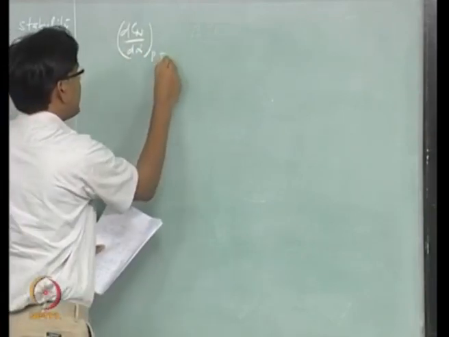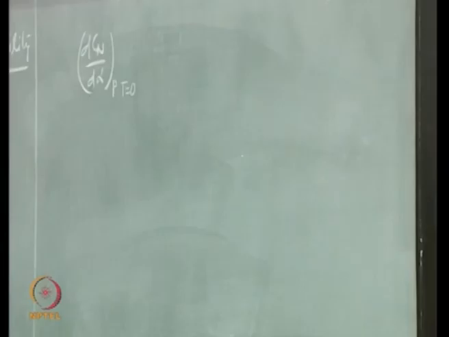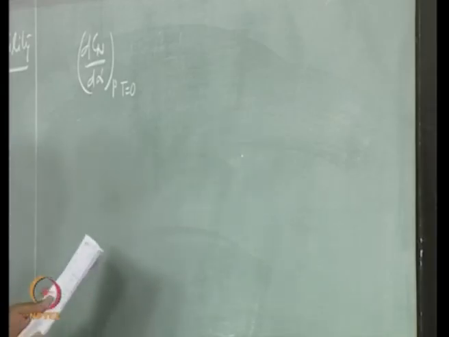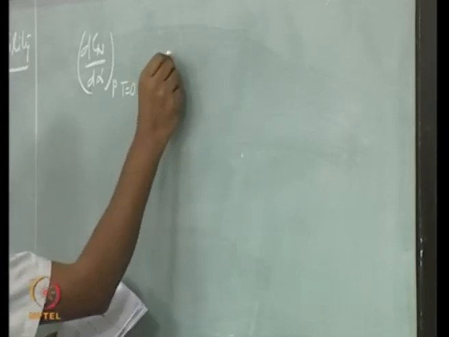At T equal to 0, the propellers are running, but thrust is not being produced. So, it is windmilling.